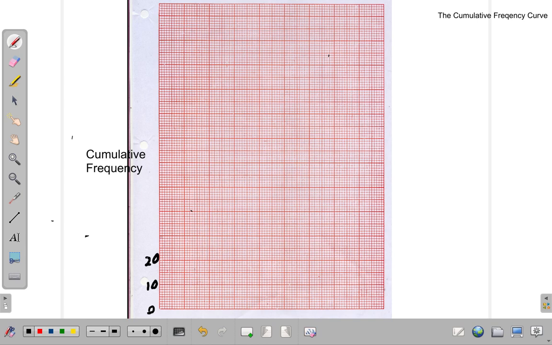We go 2 more centimeters, that's another 10, making it 30. 2 more centimeters up, another 10, making this 40 right here. So let me just mark where I'm looking at. 0 goes down here, 10, 20, 30, 40.